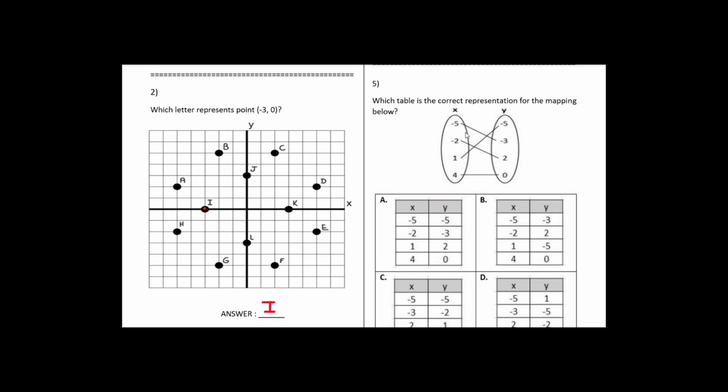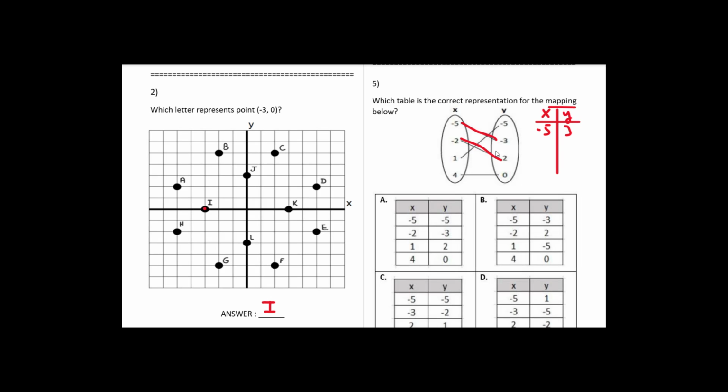The next problem, you have a diagram called mapping, and you're trying to see which one of these tables would represent this diagram. Well, first thing we're going to do is we're going to change that into a table. So what we do is we write x and y, and then we look at the first line right there, which is -5, 3.